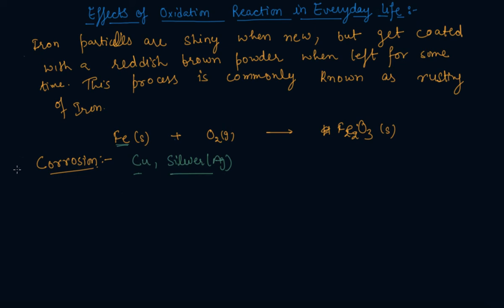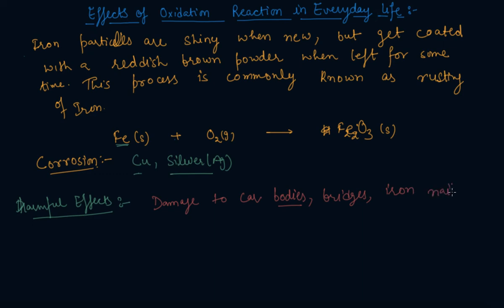So what are the harmful effects of corrosion? The harmful effects include damage to car bodies, because cars are made up of mostly metals, and corrosion of bridges, iron nailings, etc. These are the harmful effects of corrosion in our day-to-day life.